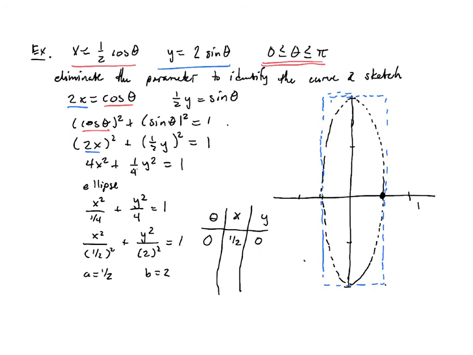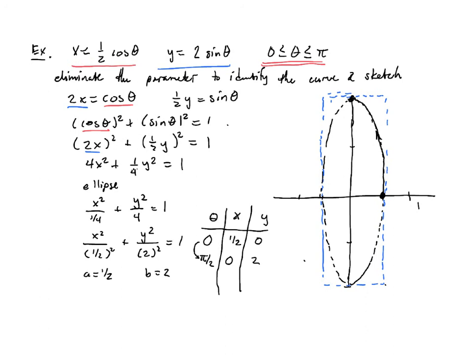Now when theta equals, say, pi over 2, cosine of pi over 2 is 0, and 2 times sine of pi over 2 is 2. So I will have this upper point on my ellipse. And notice that as I sweep out the values from 0 to pi over 2, I will exactly sweep out the angles from 0 to pi over 2 corresponding to these points on the ellipse.